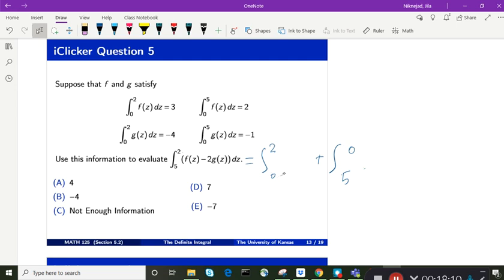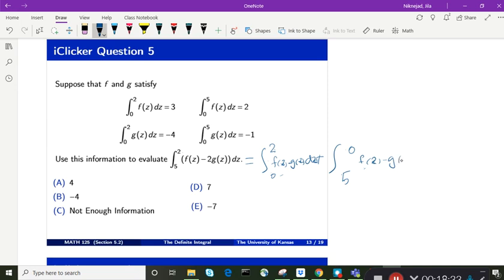See, these two should be the same. And they are. And so these two are the same, so it becomes integral from 5 to 2. And then the function, which is f of z minus 2g of z.